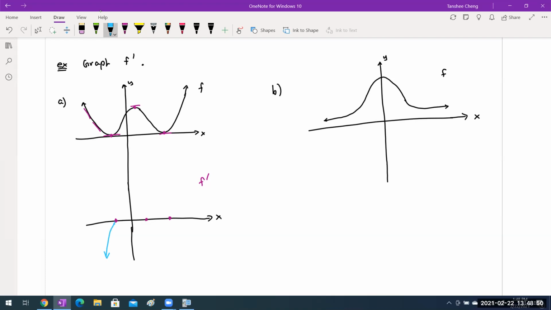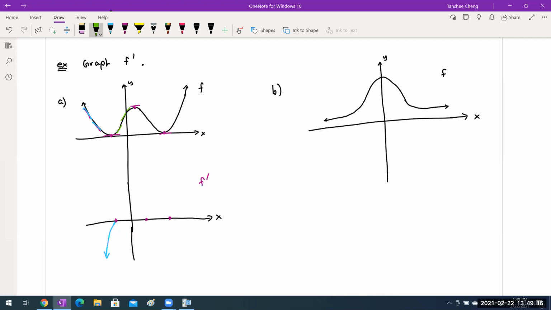Now, if I look at the interval between these two zeros, let me use a different color so that you can see what's happening on the graph. In between the next 0, this is what? Increasing. The slope is a positive slope.